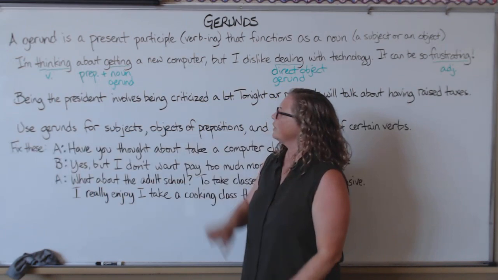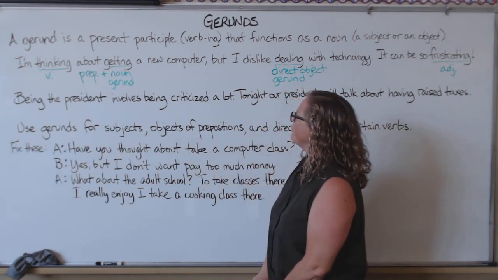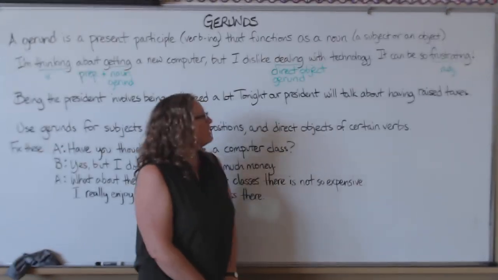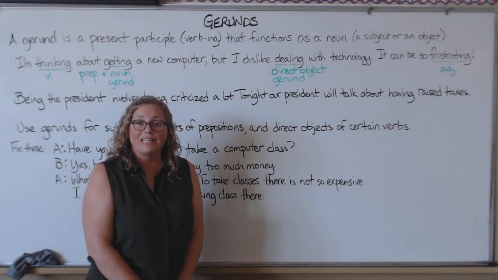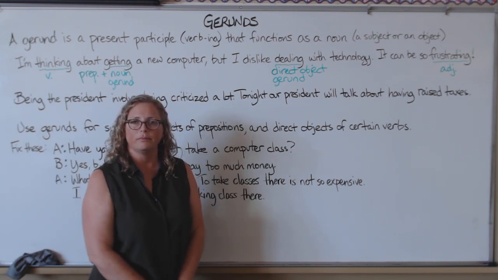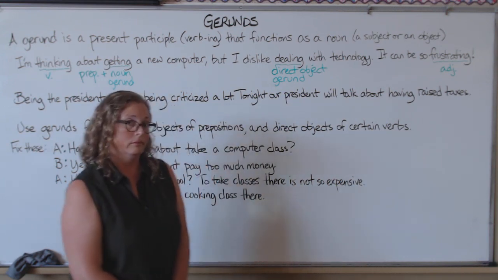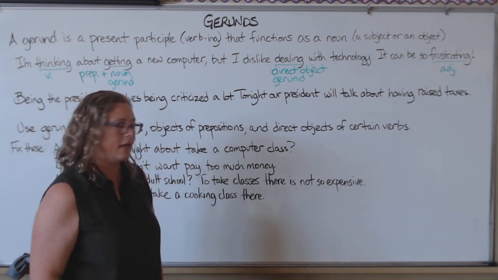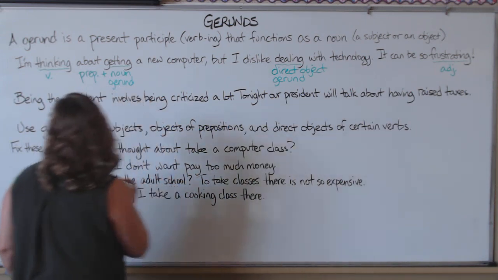Okay, let's look at another one. Being the president involves being criticized a lot. Tonight, our president will talk about having raised taxes. How many present participles do you see? Okay, your answer should be 3. Yes, okay, where are they?